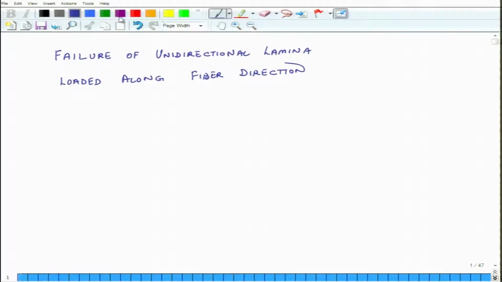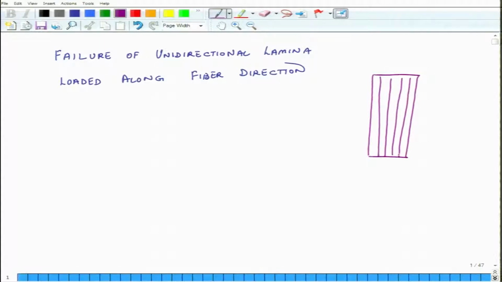So, what does that mean? What it means is that suppose I have a unidirectional composite and the fibers are aligned along the length of the composite, and suppose I apply an external load sigma L. Why do I call it sigma L? Because it is in the longitudinal direction.